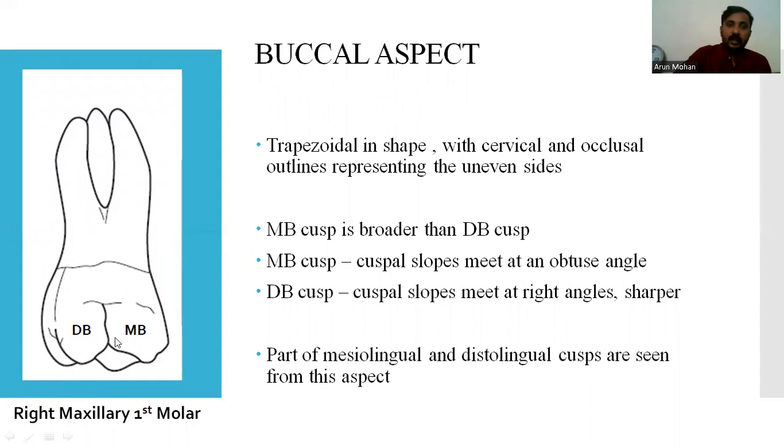Here we can appreciate both the mesiobuccal cusp and the distobuccal cusp. We can also see parts of the mesiolingual and distolingual cusps. The mesiobuccal cusp is broader than the distobuccal cusp.